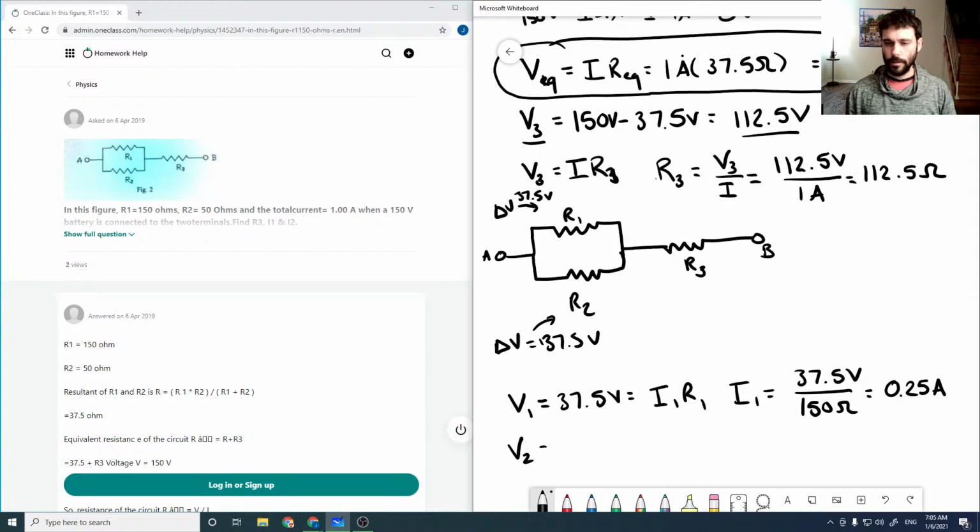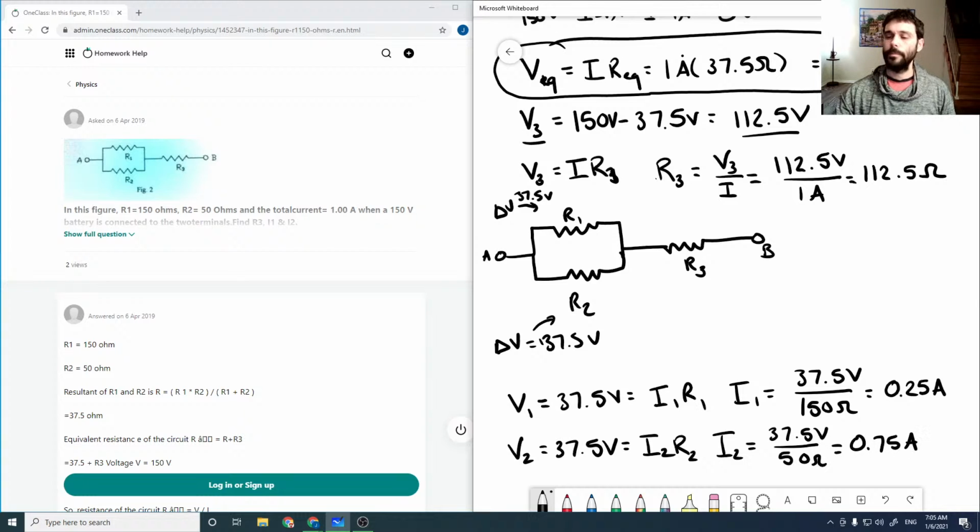And we know that V2 is 37.5 volts, which is I2 R2. So then I2 comes out to be 37.5 volts over 50 ohms, which comes out to be 0.75 amps.